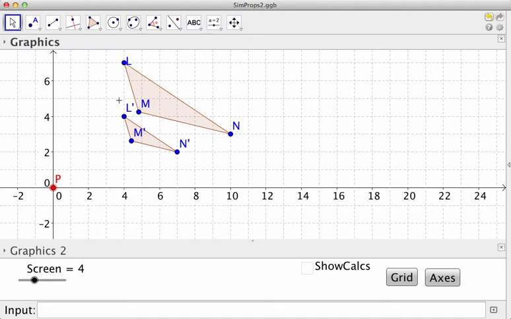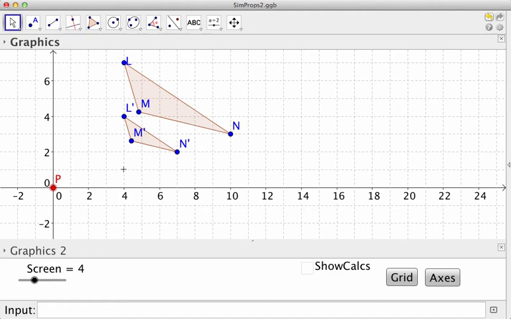Well, remember that if we draw a ray from the center of dilation through L and L prime, they will fall on the same ray. Similarly, M and M prime will fall on the same ray, and N and N prime will also fall on the same ray. So if you draw a ray through N, N prime, M, M prime, and L, L prime, where those three rays intersect, which should be down here somewhere, that will give you your center of dilation.